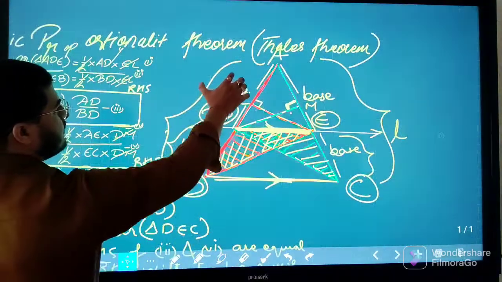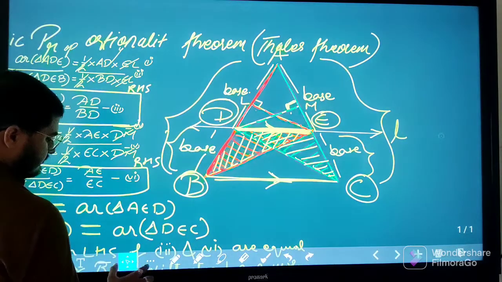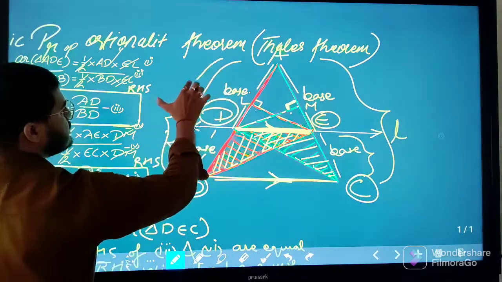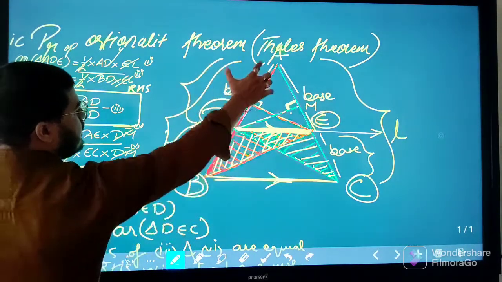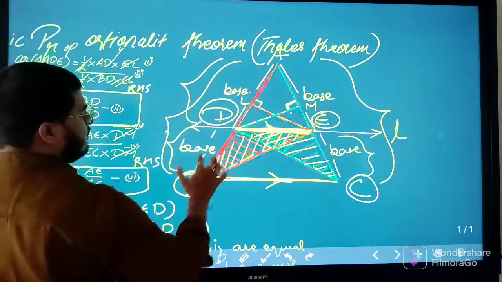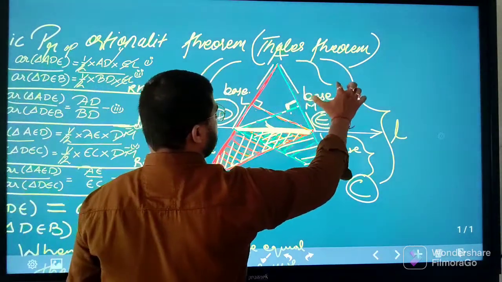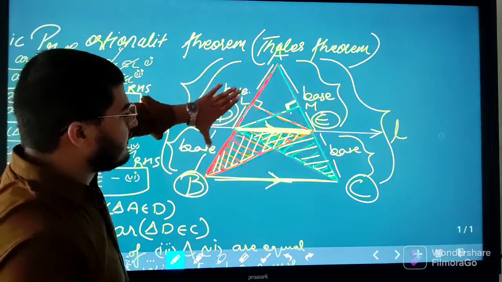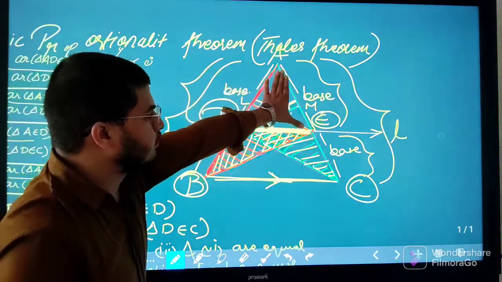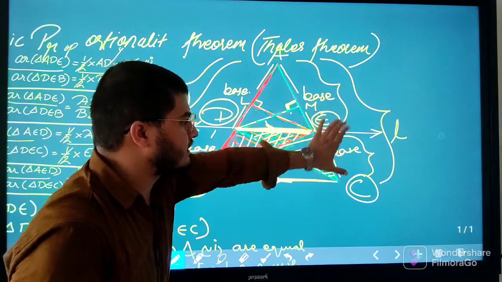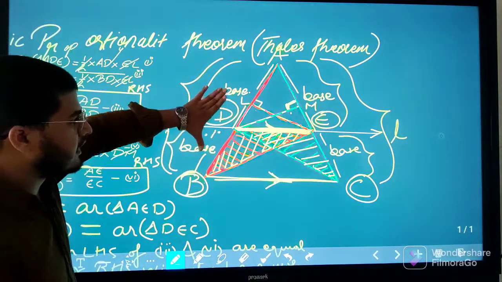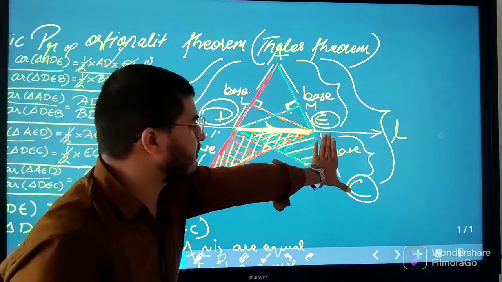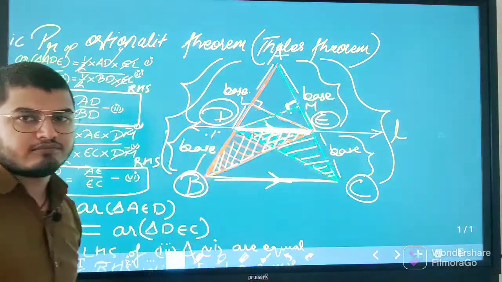This part divided by the entire side is equal to this part divided by the entire side.